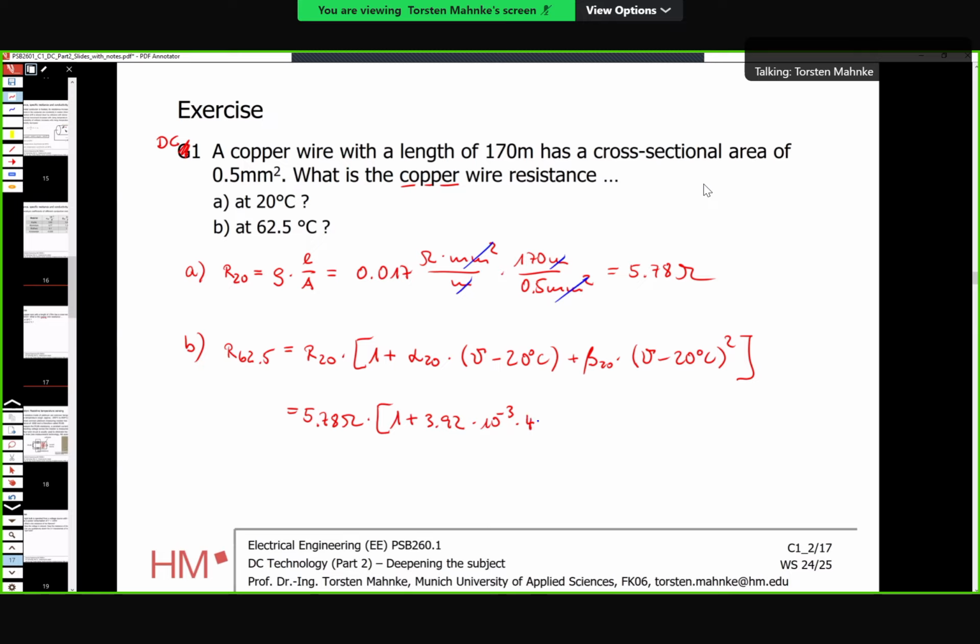62.5 minus 20 is 42.5. And now convert Celsius to Kelvin. Pardon? 350. Kelvin. Any other idea? It's the temperature difference that we're looking at.